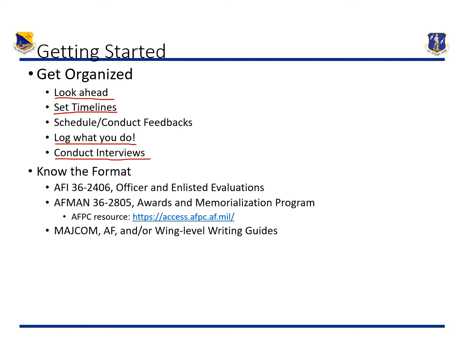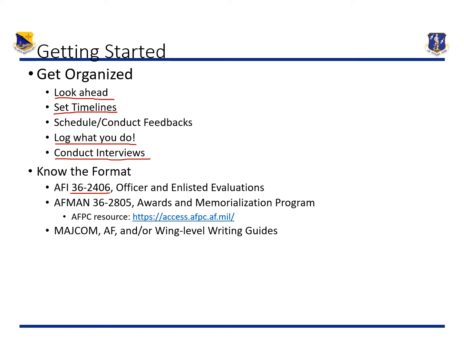After that, you need to be familiarized a little bit. If I recommend anything at all, it's to be familiarized with what is expected on your format and on your submission. In order to do that, definitely start looking into your Officer and Enlisted Evaluations AFI, which is 36-2406, and also your AFMAN for the Awards and Memorialization Program.